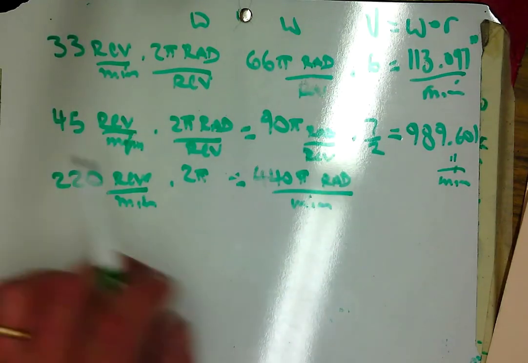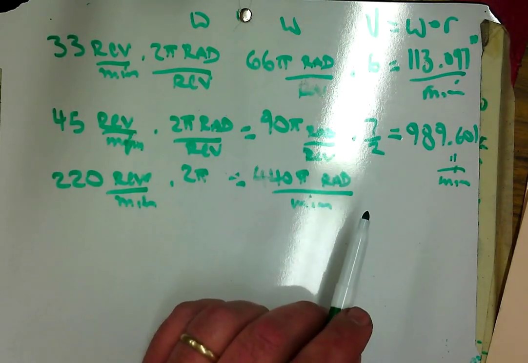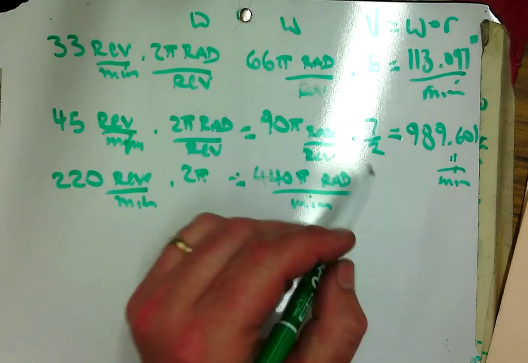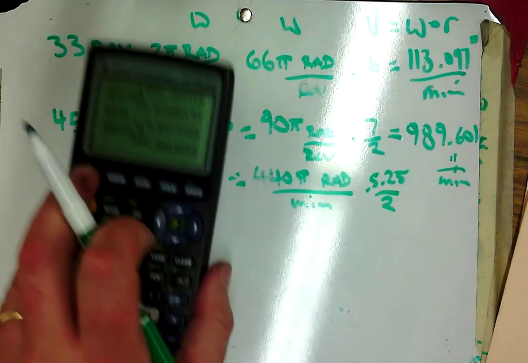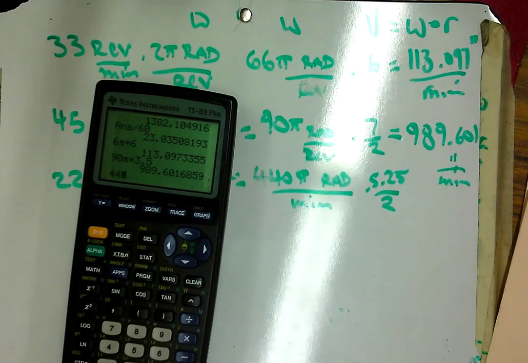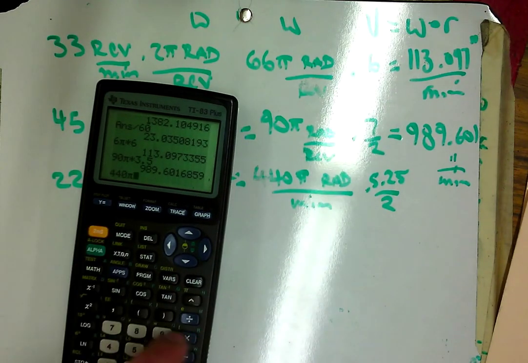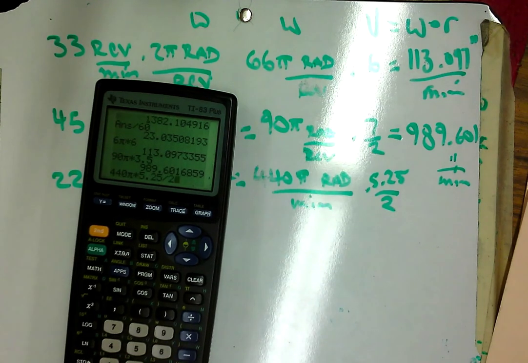And 220 has a diameter of 5.25. I want 5.25 cut in half, the radius. So 440 pi times 5.25 divided by 2.